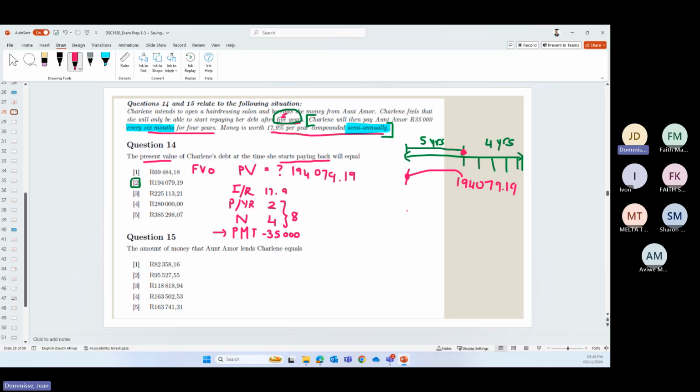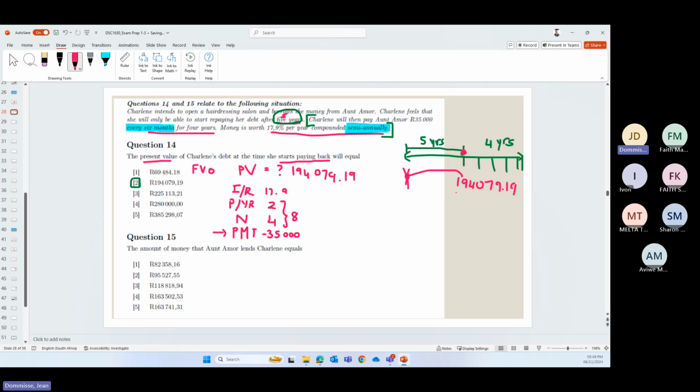Charlene started paying that off 5 years from now. So what was that actual amount that she borrowed at this stage, 5 years previous to when she started paying off?